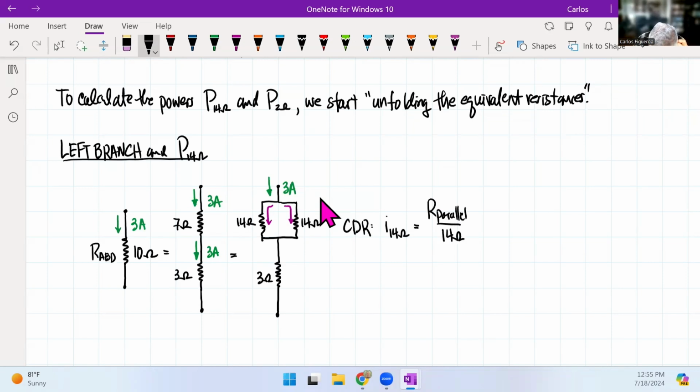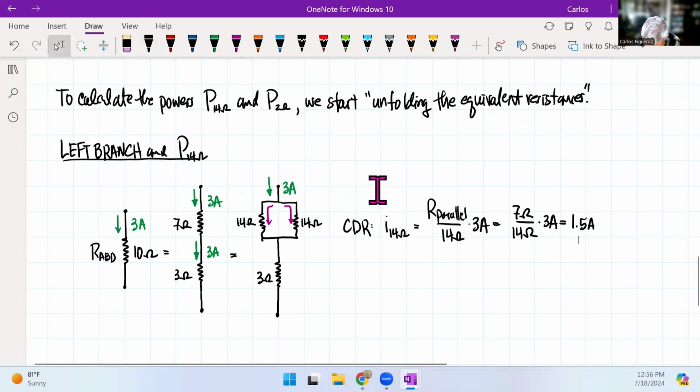But look what we're seeing here. R parallel in this case is the 7 ohm. So then, oops, I forgot to do that. This is times 3 amps, so this should be 7 ohms over 14 ohms times 3 amps. So that's going to give me a current of 1.5 amps.